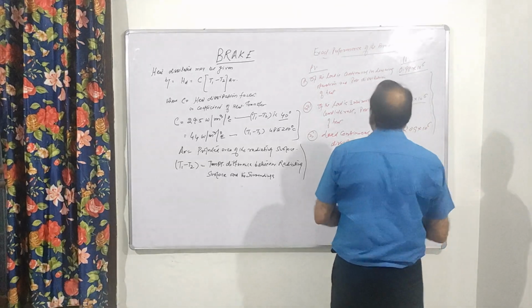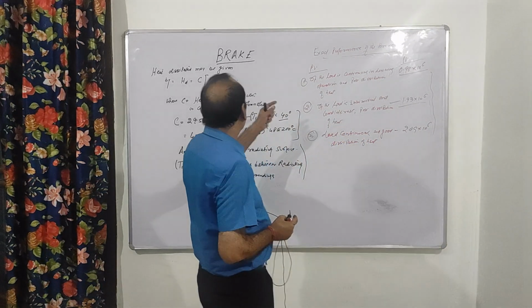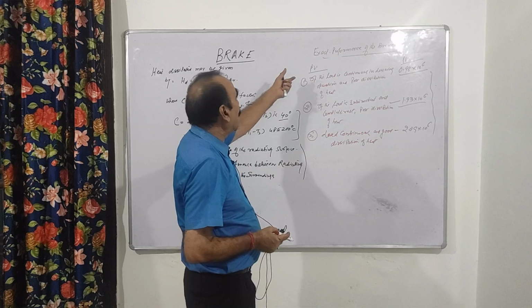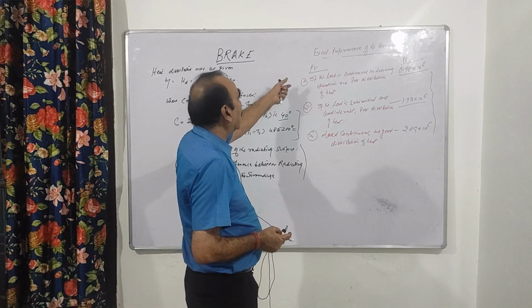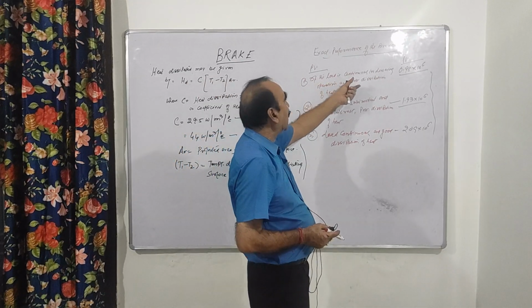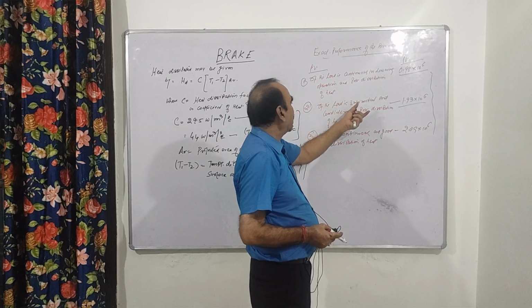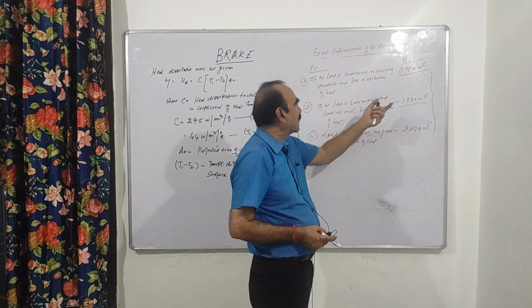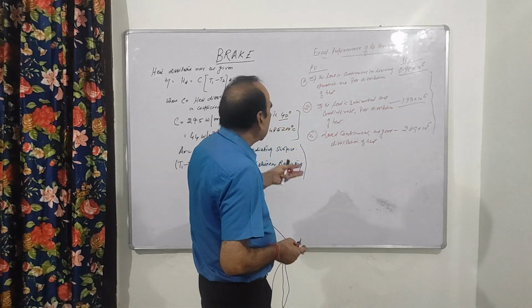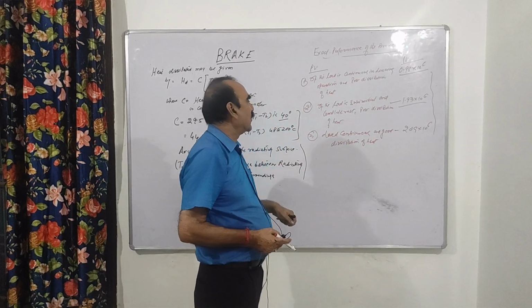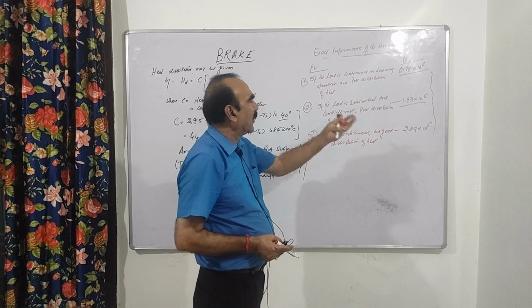I am just giving you the idea that the value of PV, if the condition of load is like this, is given. If the load is intermittent and the poor dissipation of heat, then it is 1.93 into 10 to 6, and for the continuous load or good dissipation of heat, the value is higher.